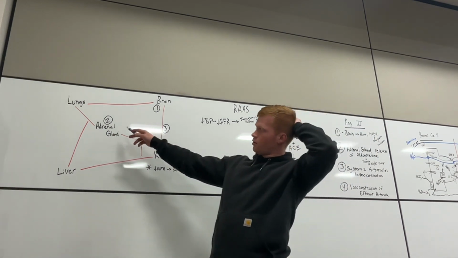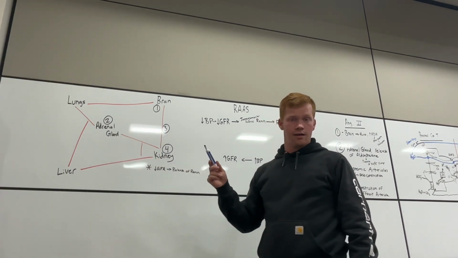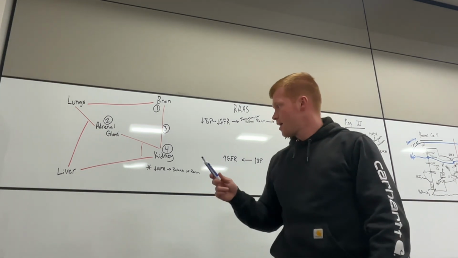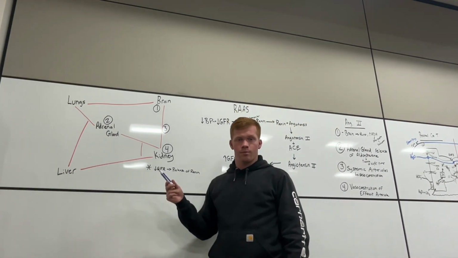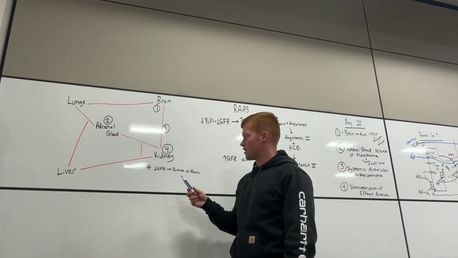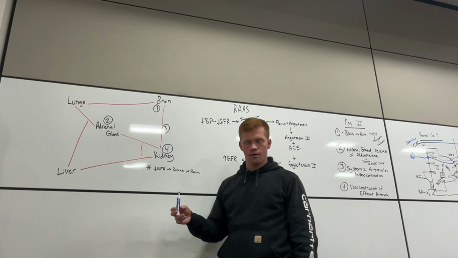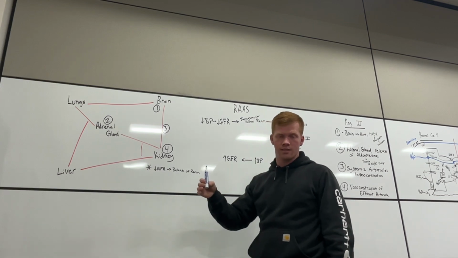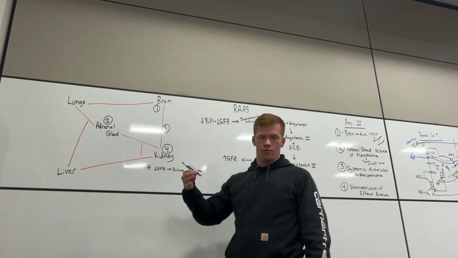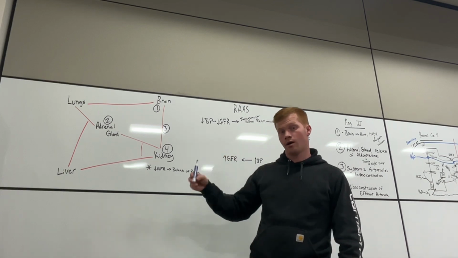Aldosterone in the adrenal gland is going to increase the activity of the sodium-potassium pump. Within a cell in the kidney, if the sodium-potassium pump is activated, it's going to take sodium from the tubule, or from the lumen, into the cell, and that sodium in the cell is going to be pumped out by the sodium-potassium pump into the blood.